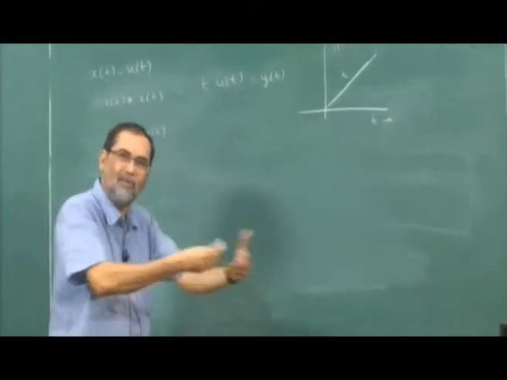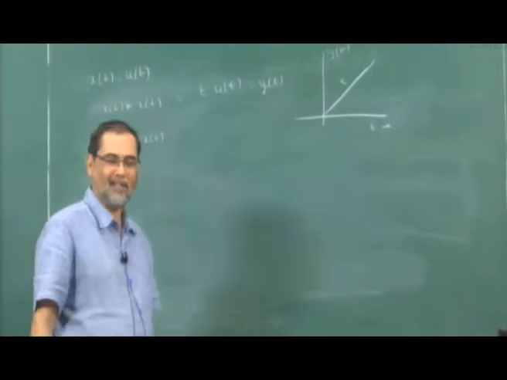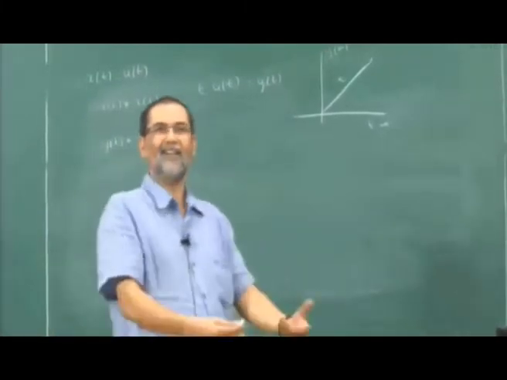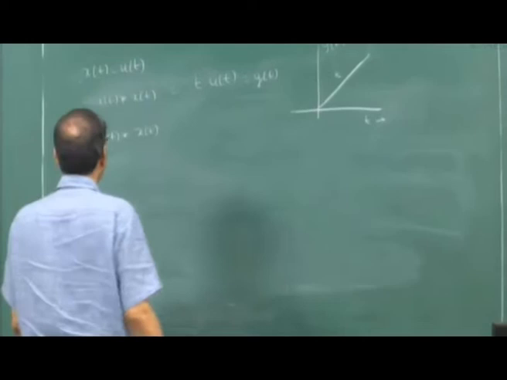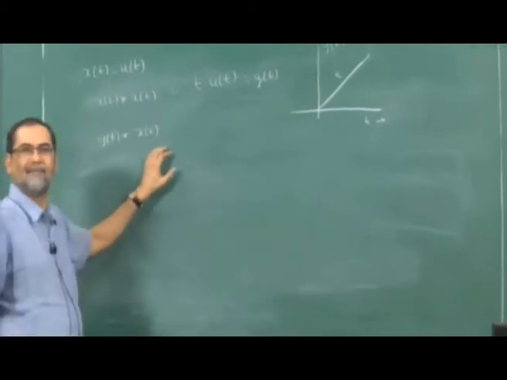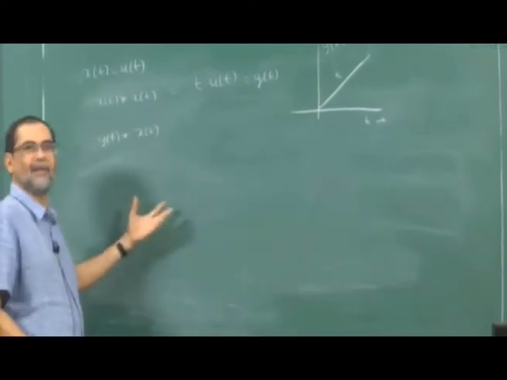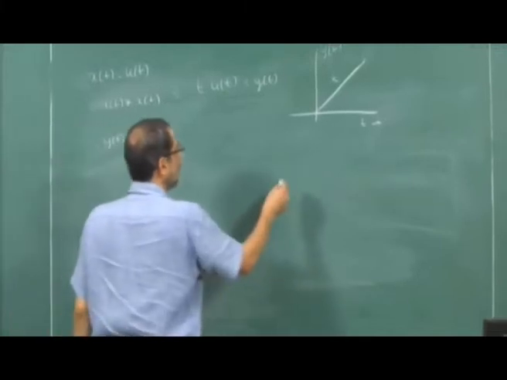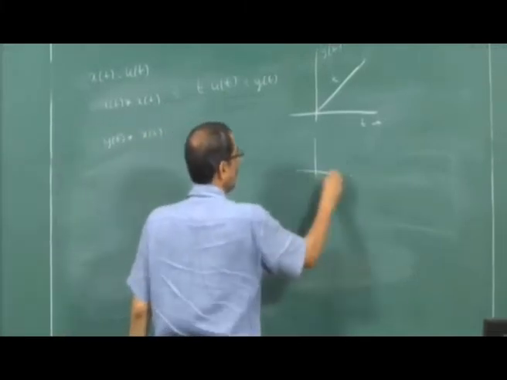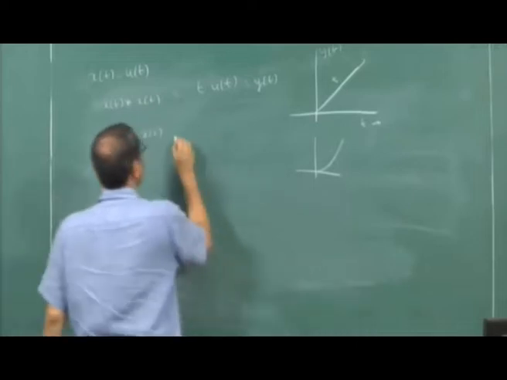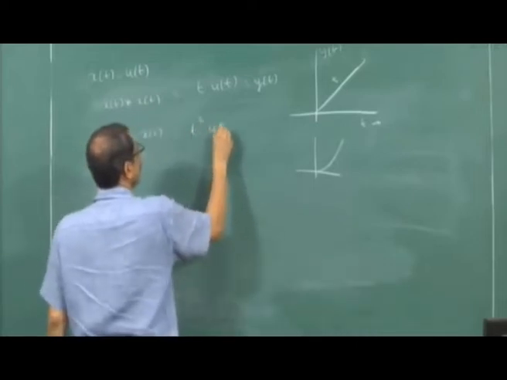Then if you carry out the operation sequentially, once again, y of t with x, what will happen? I think it becomes t square, a paraboloid function. This probably becomes t square u of t.